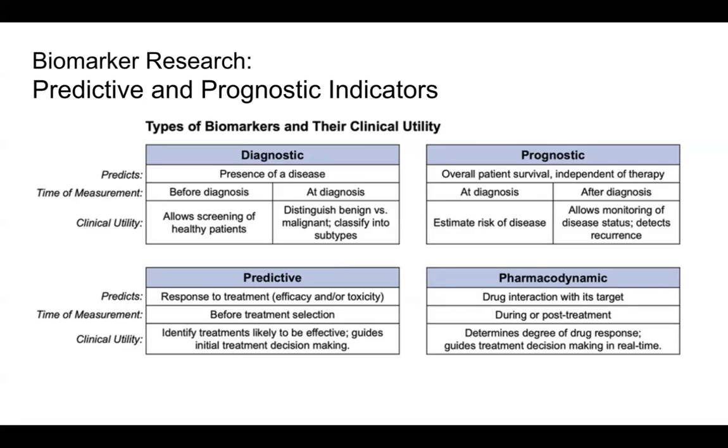Yung prognostic markers naman is, magsusurvive ka ba? Ano yung likelihood na magsusurvive ka if you have these markers? So it also helps in managing the kind of treatment if we're aiming for a cure, if it's even possible, or if we're aiming for just management of symptoms.